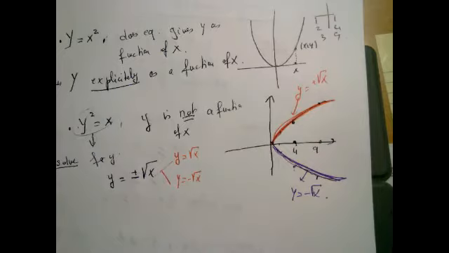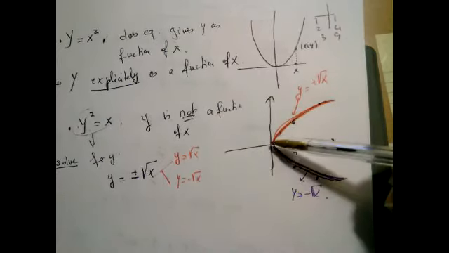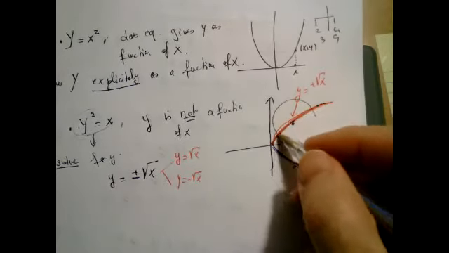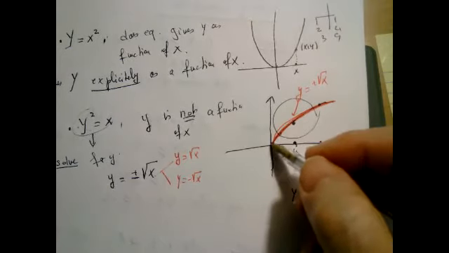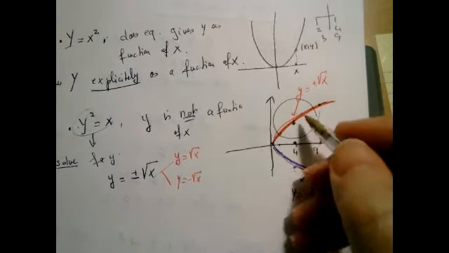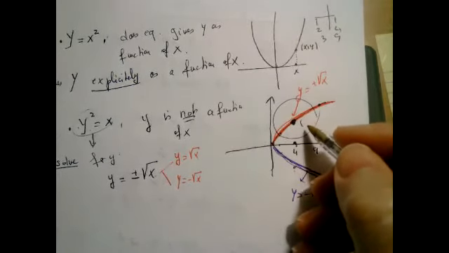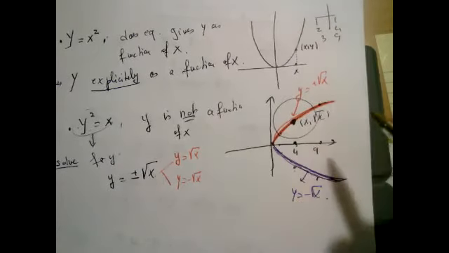So what's happening here? If I'm only interested in the positive y, the points on the upper branch, then y is a function of x, because if I have x, the y is the square root.